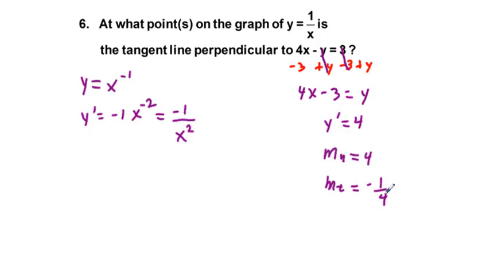So negative 1/4 is the one we're going to have to use. So we take negative 1/4 and replace y prime, so negative 1/4 is equal to negative 1 over x squared. If we flip these equations upside down and multiply by negative 1, we have 4 is equal to x squared. So x is going to be equal to plus or minus 2.